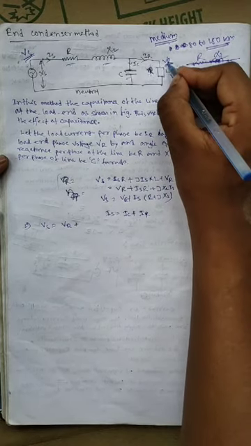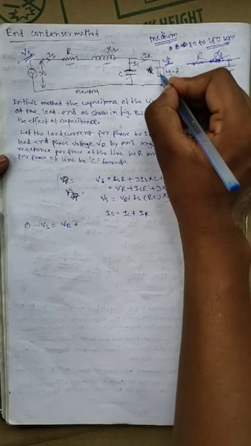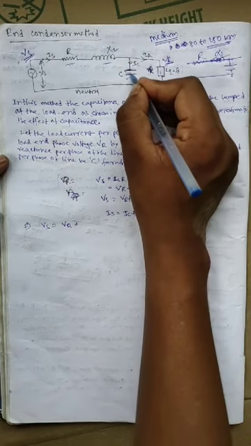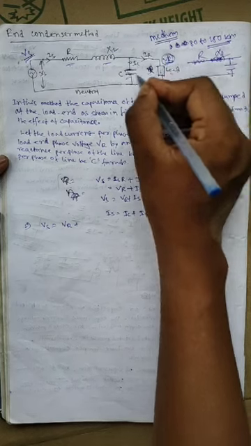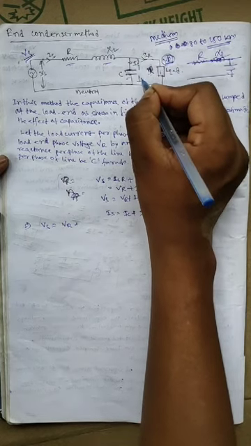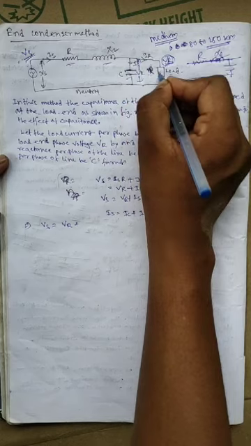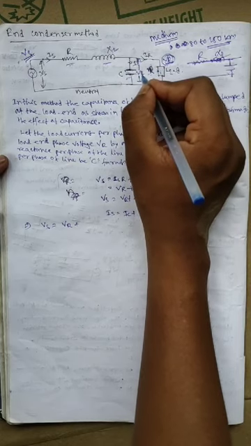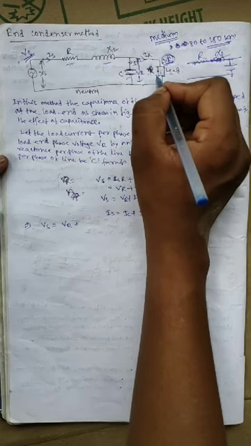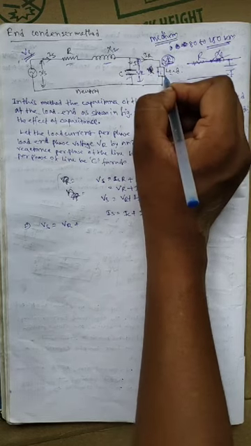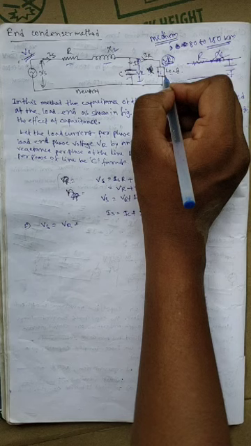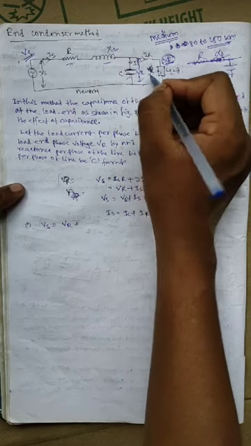This load is parallel to this capacitance. That means here we get the VR voltage, and across the capacitor we also get the VR voltage. This is parallel, and we know that in parallel the voltage is the same across all loads. This is the capacitor, this is the load, so here also VR.